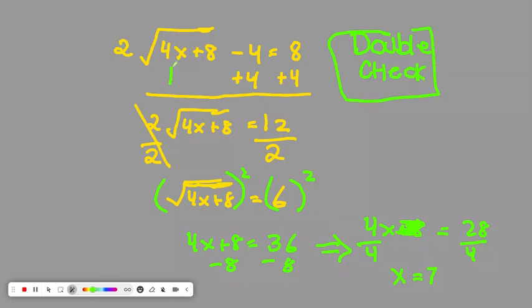So if we plug in the x here, what will we get? Let's clear this out and find the clear all button. So we said 2 times the square root of 4 times 7, because we said x was 7, plus 8, minus 4 equals 8. And we're just doing algebra here.